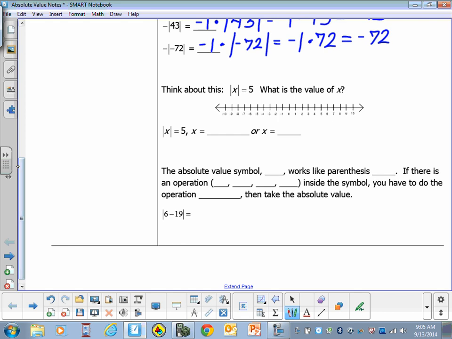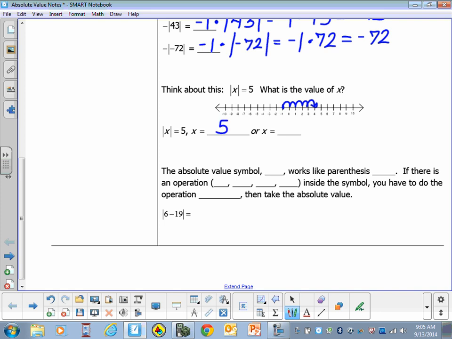The absolute value of variables is a little different. In this example, we know the answer has to be a positive 5. So if I start at 0, I can count 5 spaces up, and I'm at positive 5.